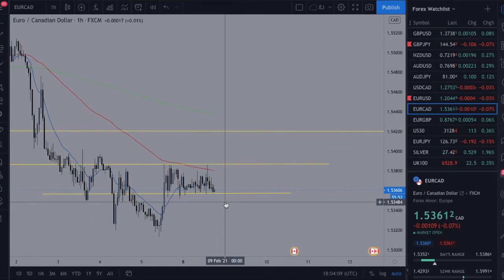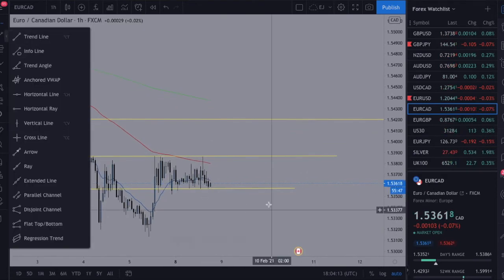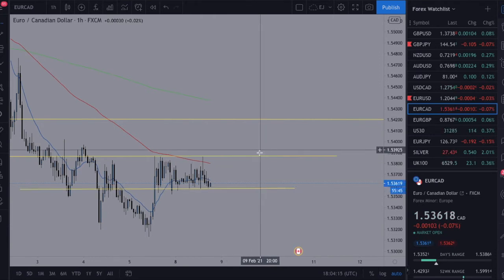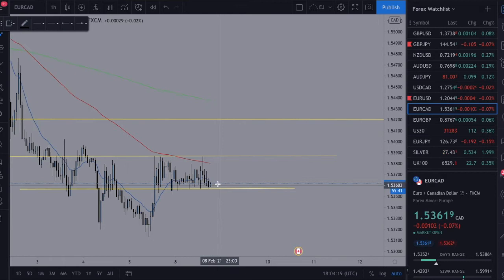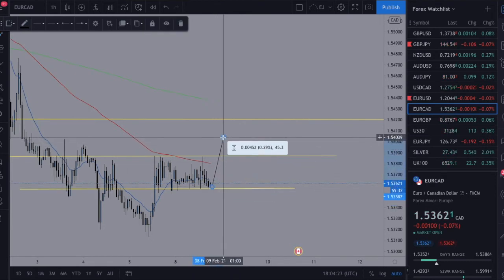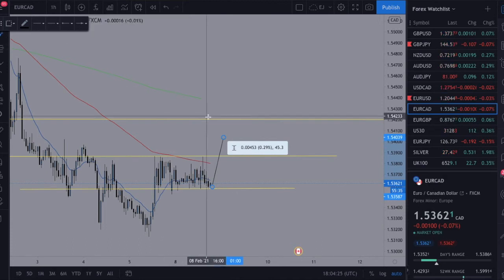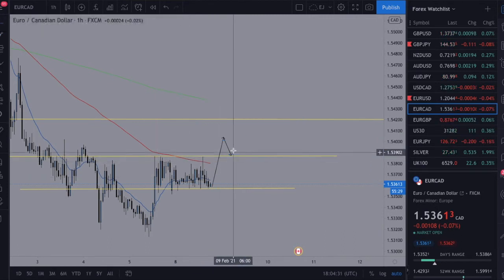Sometimes, mainly on bigger time frames, if we get a consolidation period like this between a support zone and a resistance zone, and we get a breakout of our resistance, 9 times out of 10 on this break we'll come back to retest this level to see how strong our resistance was.